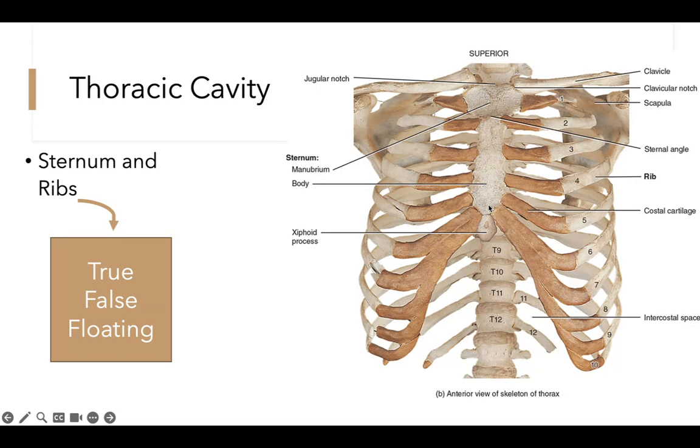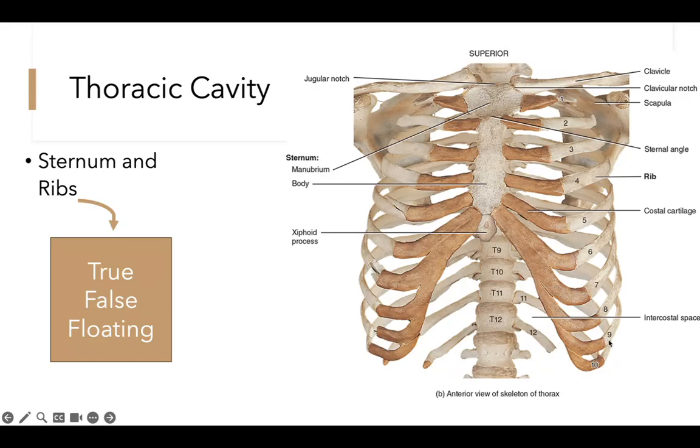So it's an indirect connection. The portion of costal cartilage piggybacking 10, 9, and 8, this whole portion of cartilage that piggybacks onto 7, is called the costal margin.